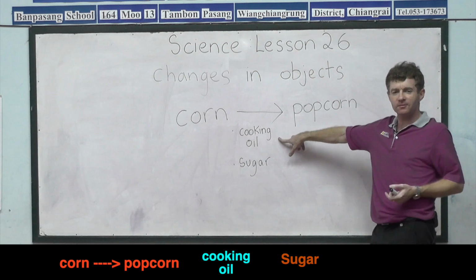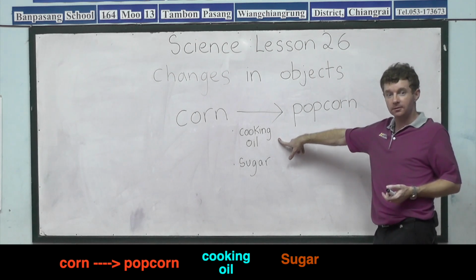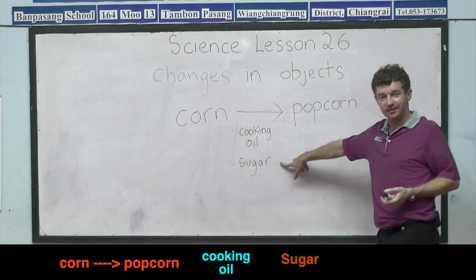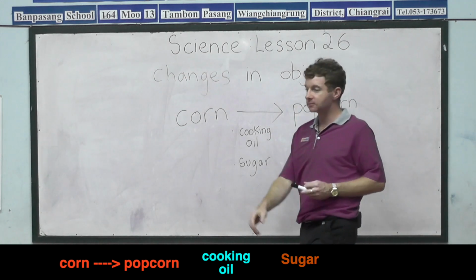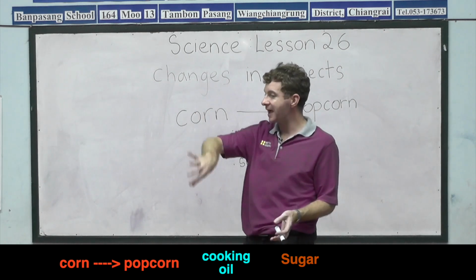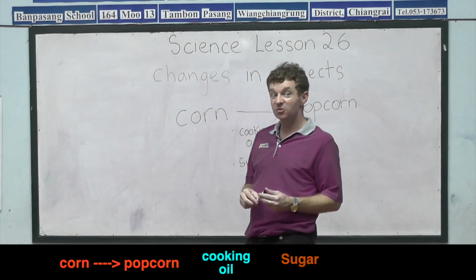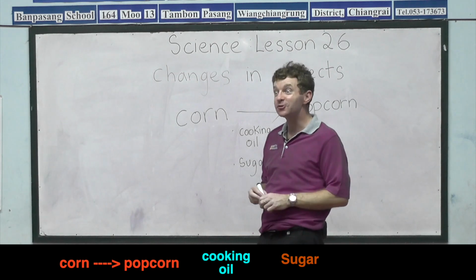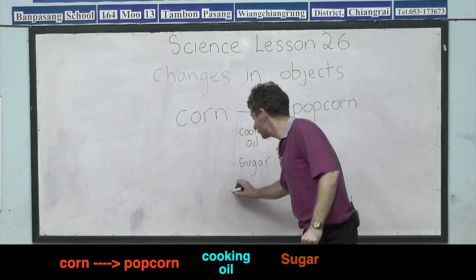So we used cooking oil. We used sugar. What did we use at the end? Remember when we had the popcorn, we added something? Chocolate. How do we spell chocolate?